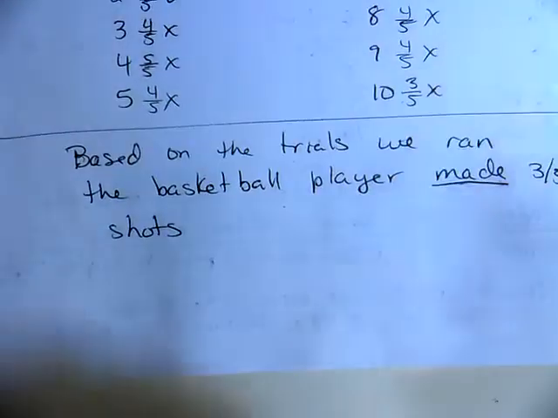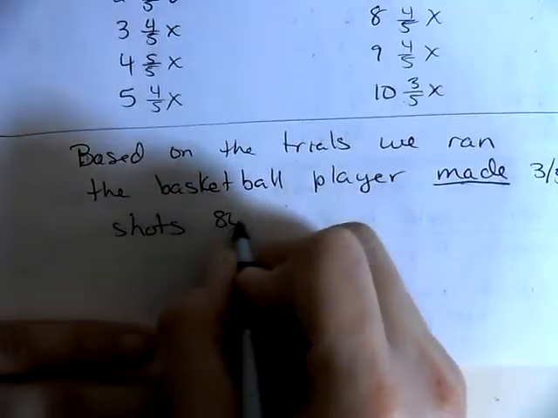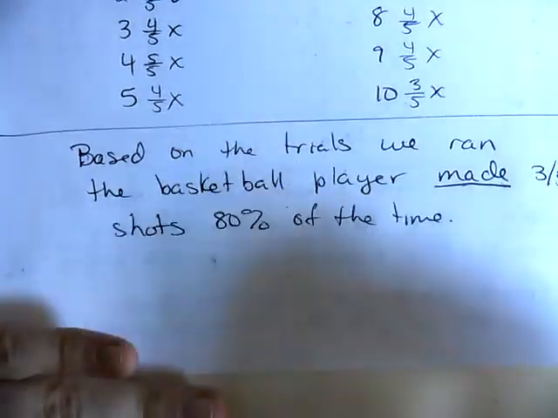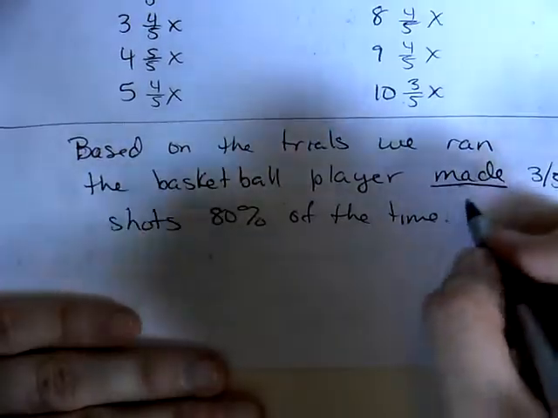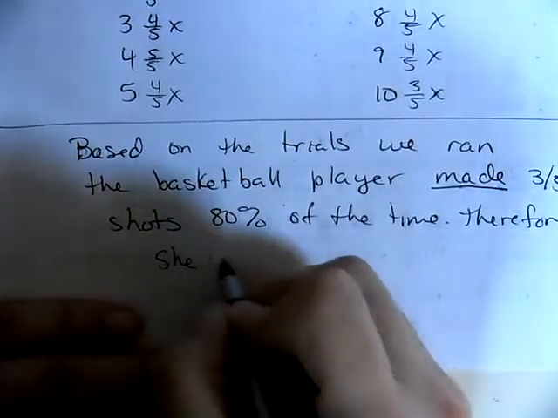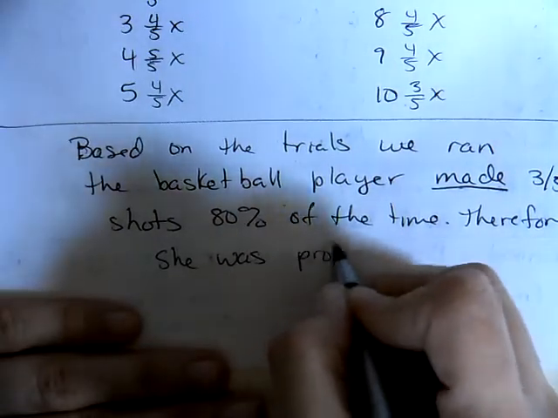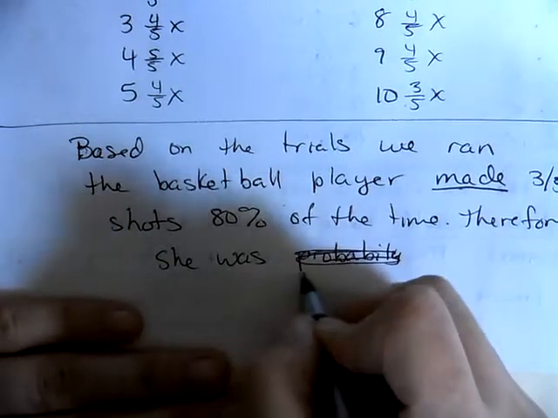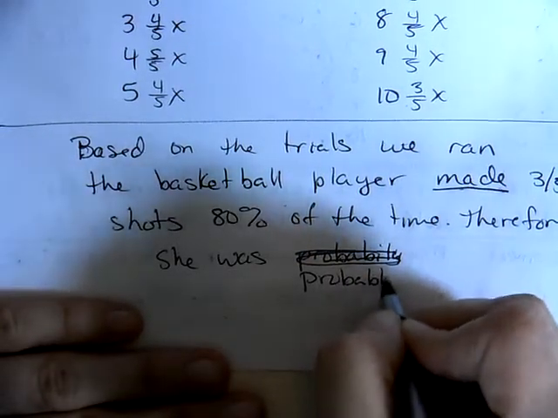So if I look at all the X's, she made 3 out of 5 shots 80% of the time. So the fact that she missed that many means, therefore, she was probably, I almost said probability, probably nervous.